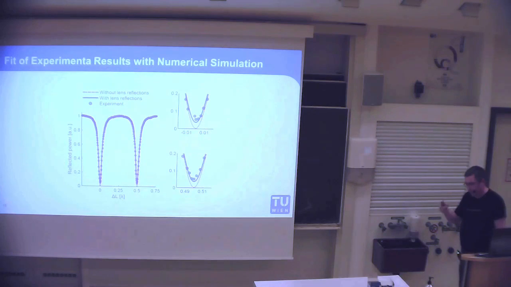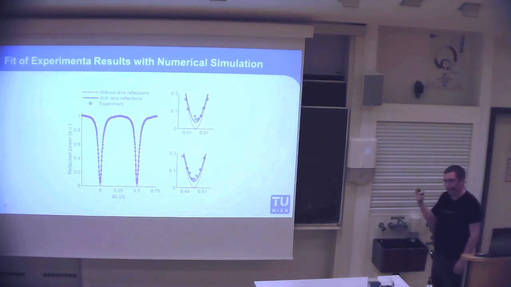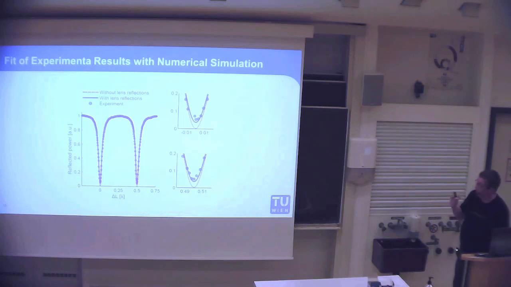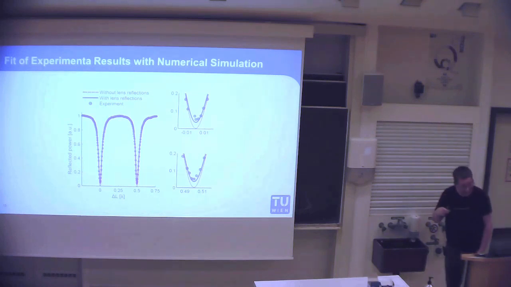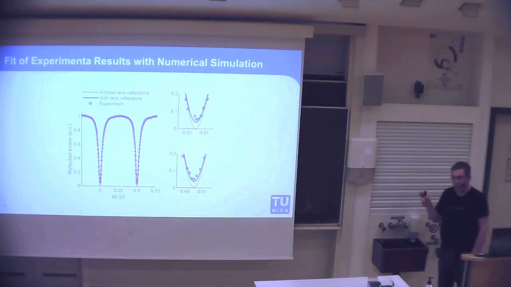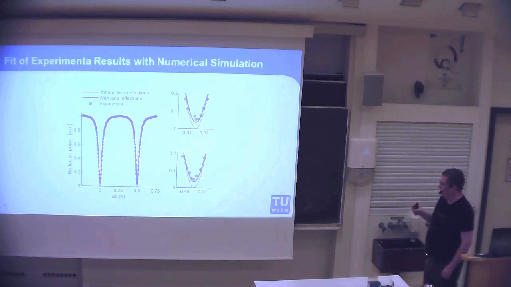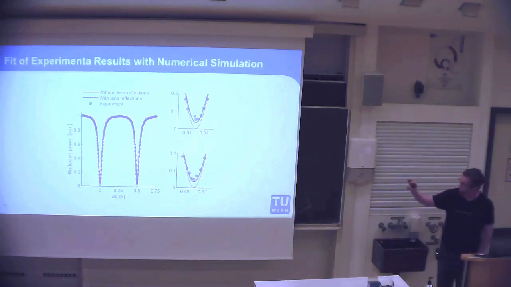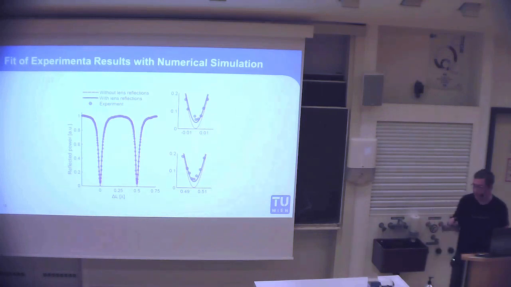We reran our simulation with the actual experimental data, this time also considering residual effects like the residual reflections on the facets of the lenses, which was about 0.13%. When we considered this in our simulation, we had an almost perfect match between the experimental data and the simulation without any free parameters.